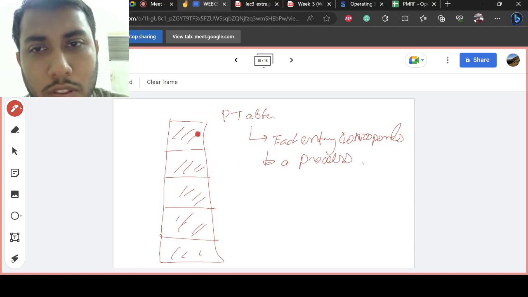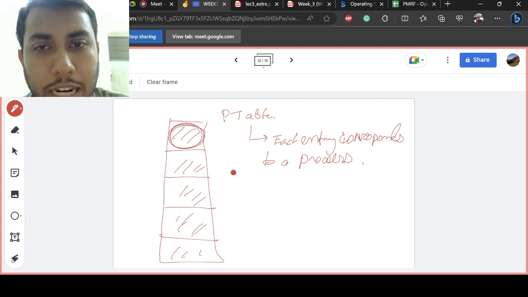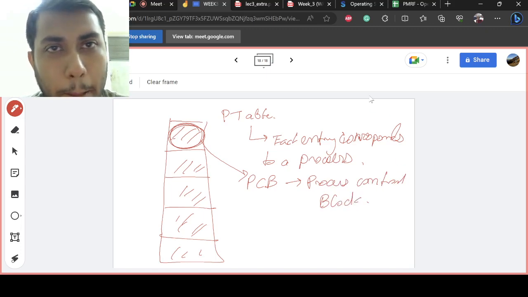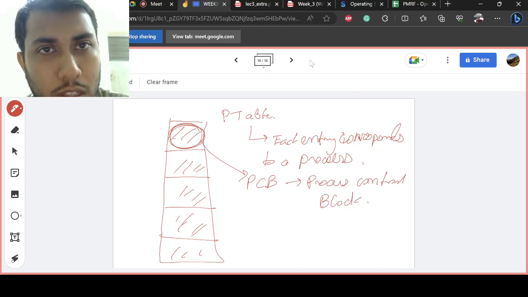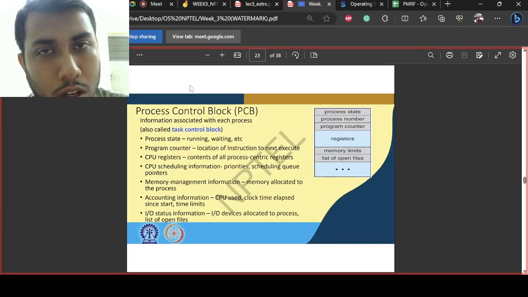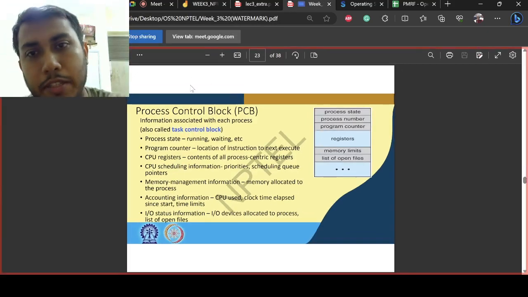Now this entry is basically called a PCB, process control block. Here is the content of this PCB.